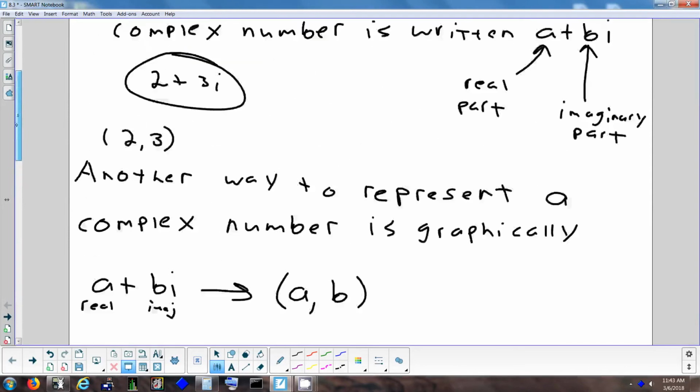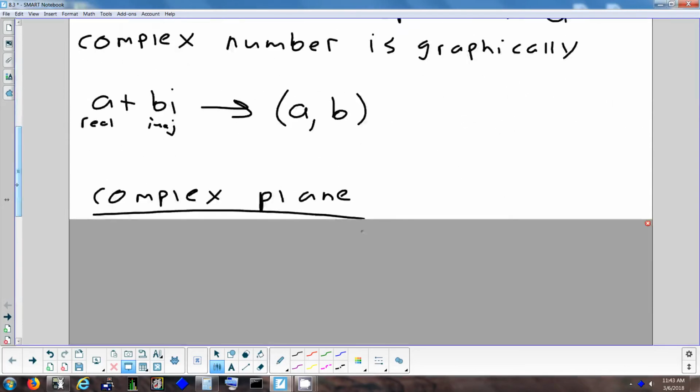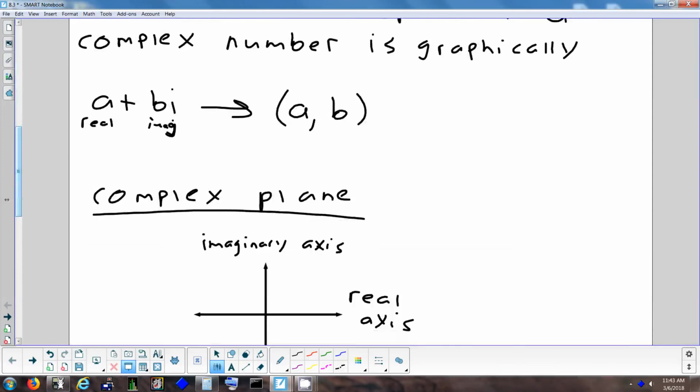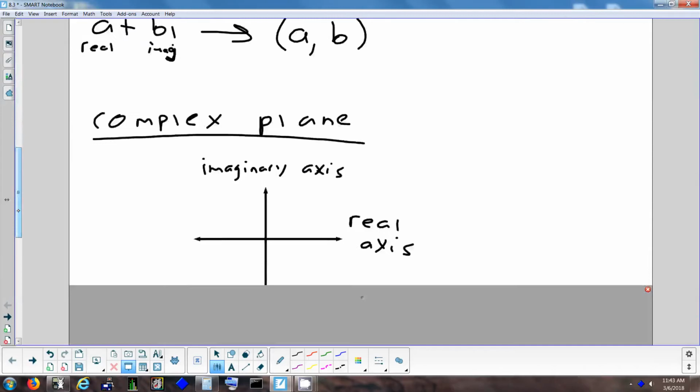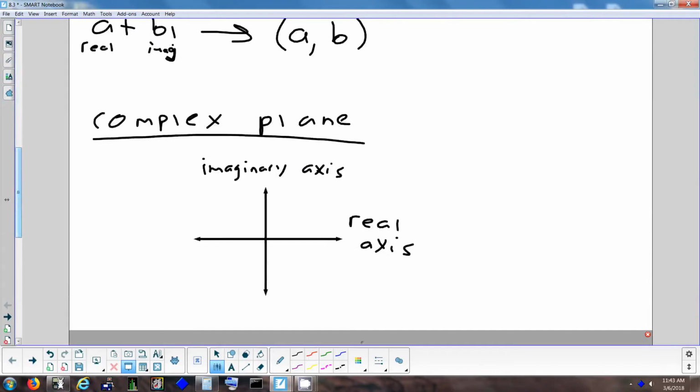So when we graph complex numbers, you're going to call the real axis the horizontal. That's why real comes first. And you're going to call the y-axis the imaginary axis. Okay, so that's the complex plane.